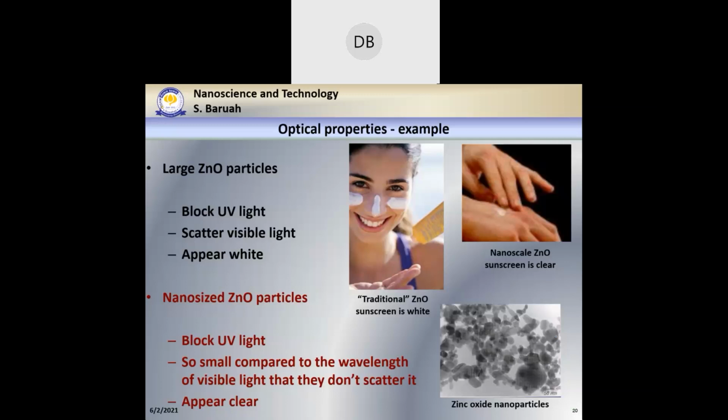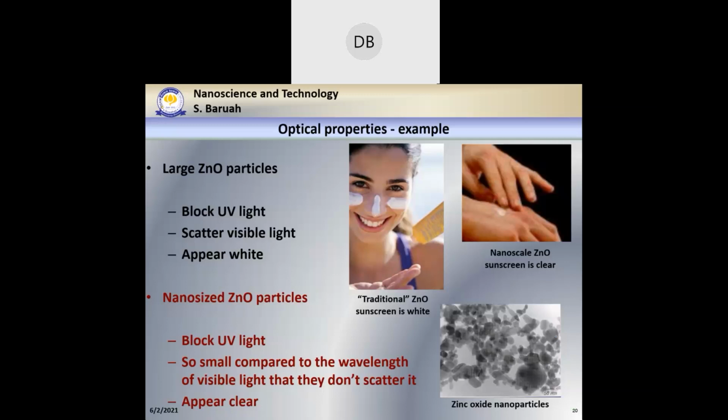But see, the thing is, zinc oxide as a material will always absorb UV light, be it in bulk form or nano form. But if you look at the bulk form, like I told you, it will be white. It will be white because at that wavelength, it is absorbing in the UV and reflecting back all the visible light and IR.